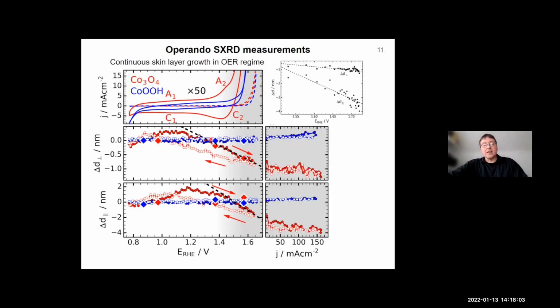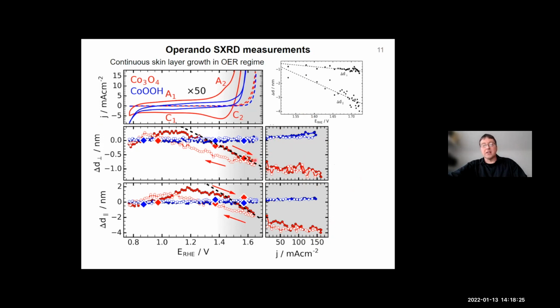This skin layer stays on the surface even if you go deep into the oxygen evolution regime, and here we actually went to current densities of 150 milliamps per square centimeter. This is getting close to current densities used in real electrolyzers.